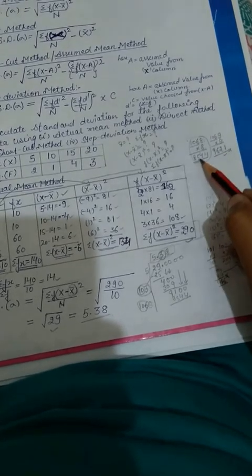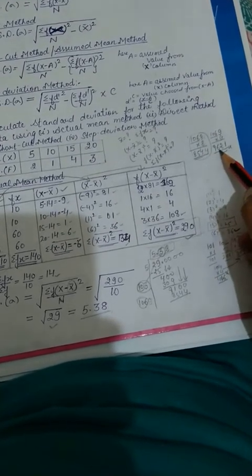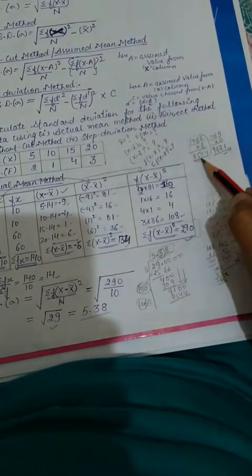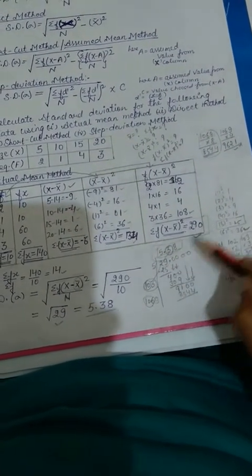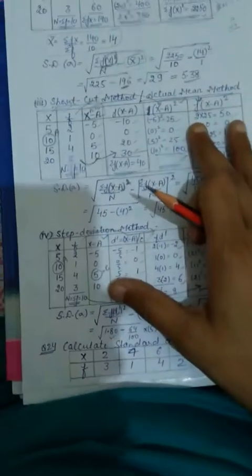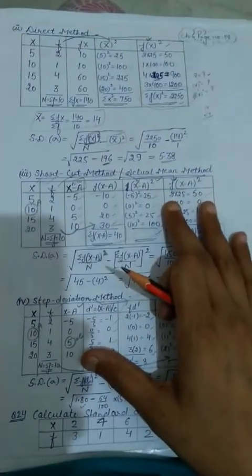So you get 8544 and 9621. 9621 we cannot use because it is greater, so we will use 8544 and we will write 8 over here and 8. So the final answer you have got is 5.38.